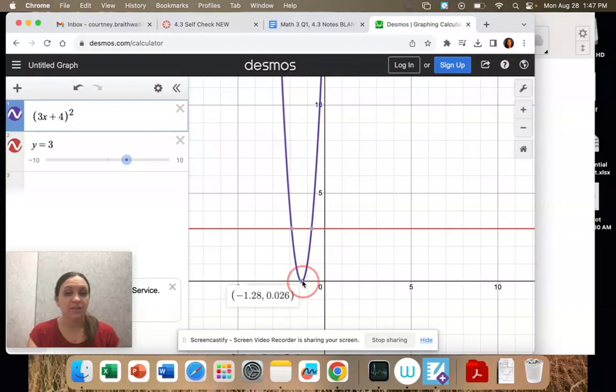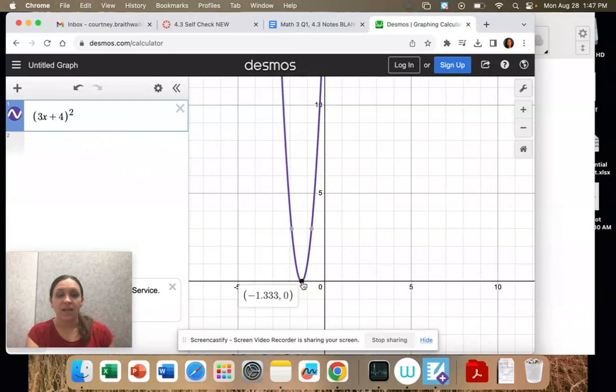So we need to find an interval where we can cut this in half. And what's nice is that there's a vertex, right? So right here, negative 1.3333, do you know what that fraction is? If not, we're going to have to solve. I'm going to solve for it because that's where we're going to cut it in half.